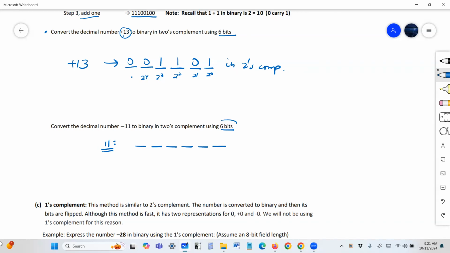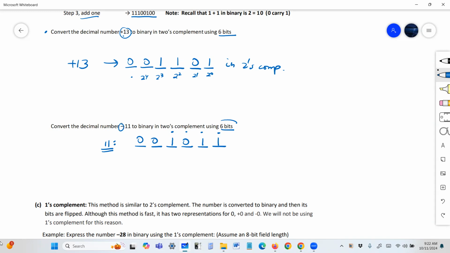So again, 2 to the 0, 2 to the 1, 2 to the 2, 2 to the 3rd power, 4th and 5th. So this is 8, 10, and 11. So here's my 11. Fill the rest with zeros.